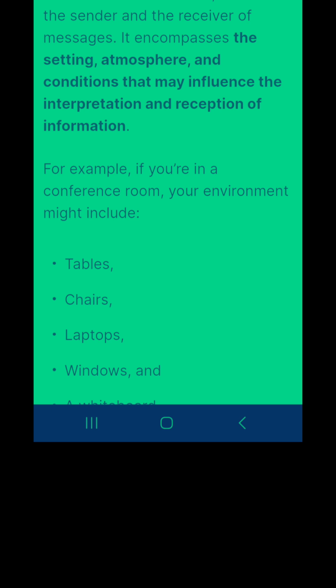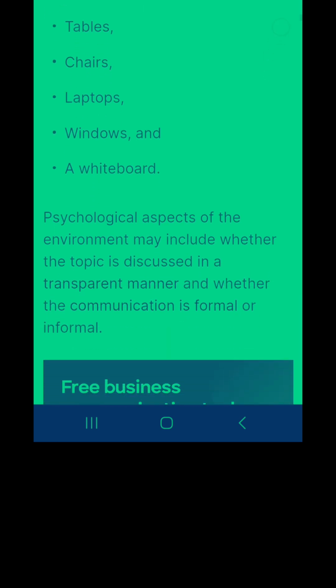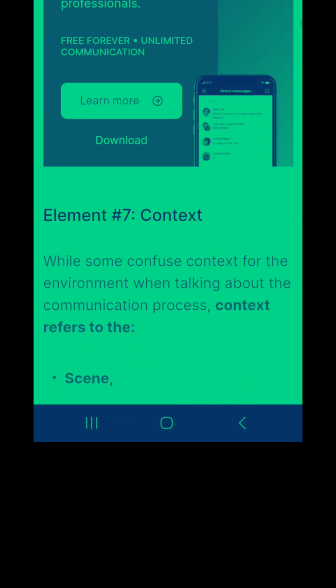So environment here means, if you are sending a message and the receiver is not in a good mood, that is the mental situation, or he is outside or in traffic, then it is going to be a problem for the receiver to interpret it properly.